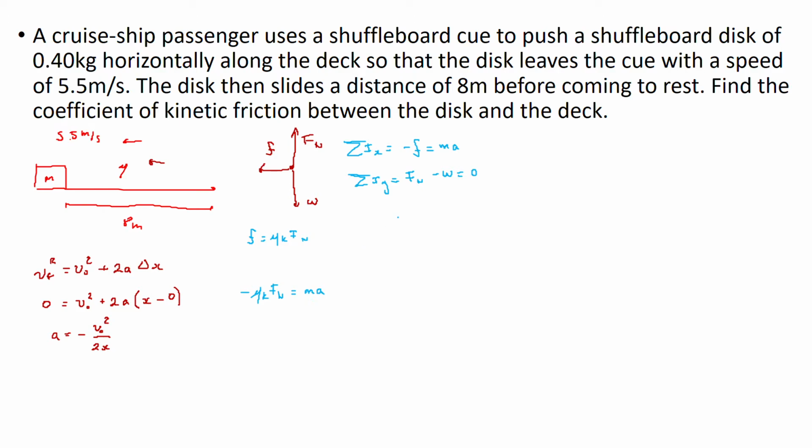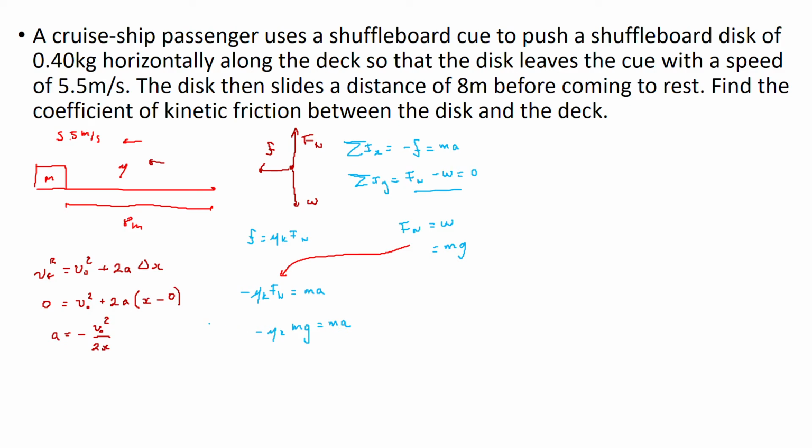From the second equation, I know that the normal force is equal to the weight, which is the mass times gravity. So I can plug this into the equation and continue solving. I'm going to find that minus mu k times mass times gravity is equal to mass times acceleration.